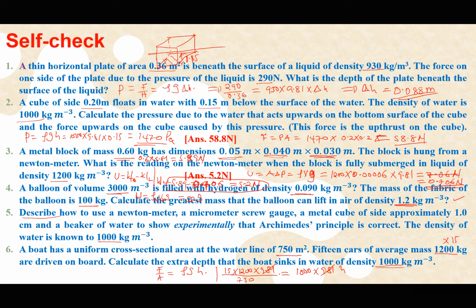You should be able to find the h. I will check my calculator for what h should be. 15 times 1,200 divided by 750, divided by 1,000. I think it's approximately 0.024.